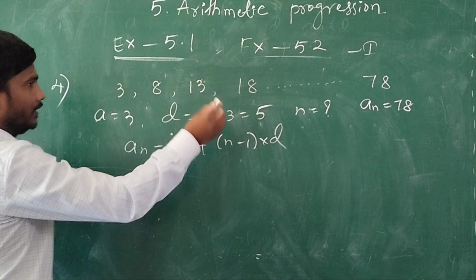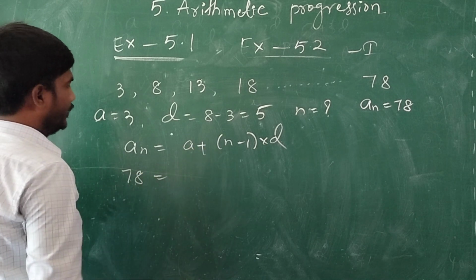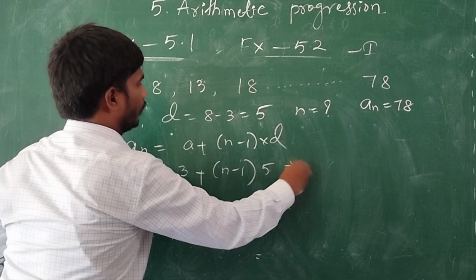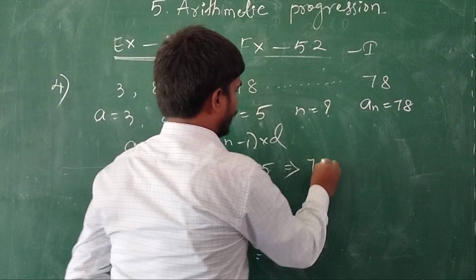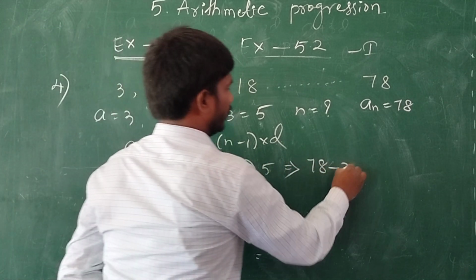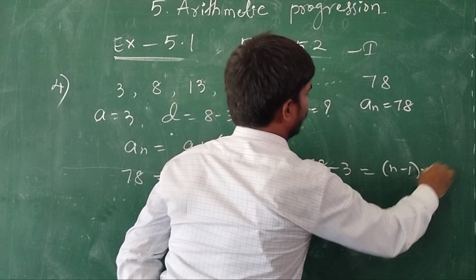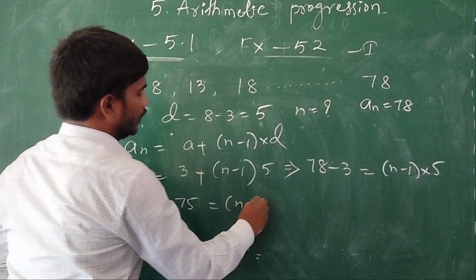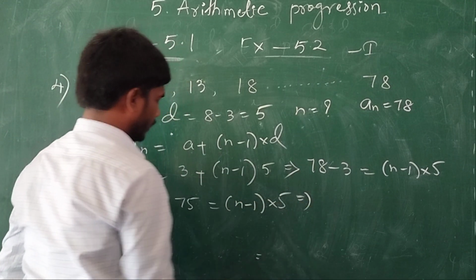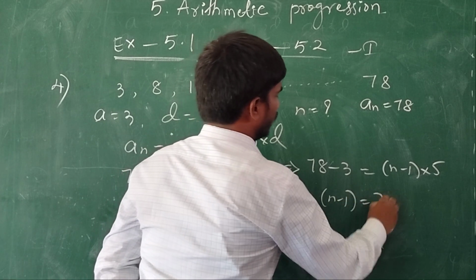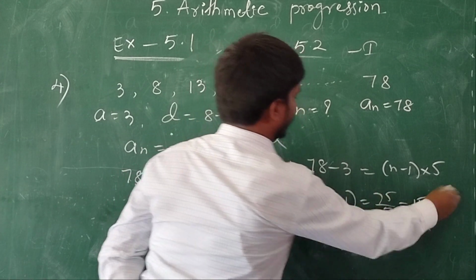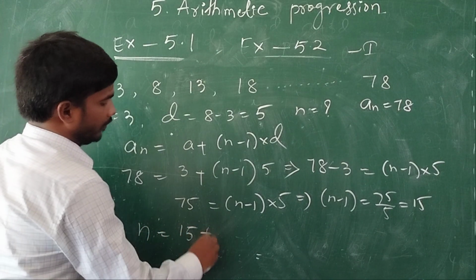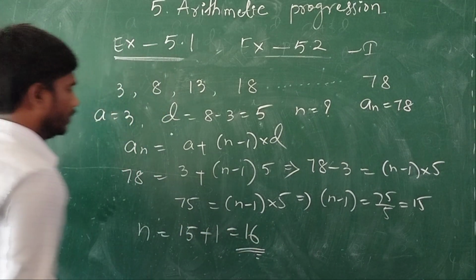So here an is 78. 78 is equal to 3 plus n minus 1, d value 5. 78 minus 3 is equal to n minus 1 into 5. 75 is equal to n minus 1 into 5. n minus 1 is equal to 75 by 5, that is 15. Therefore n is equal to 15 plus 1, 16.